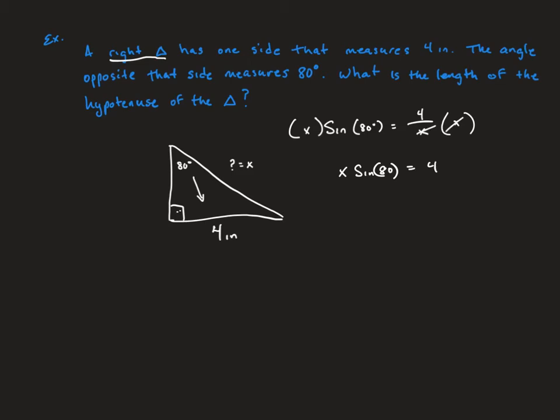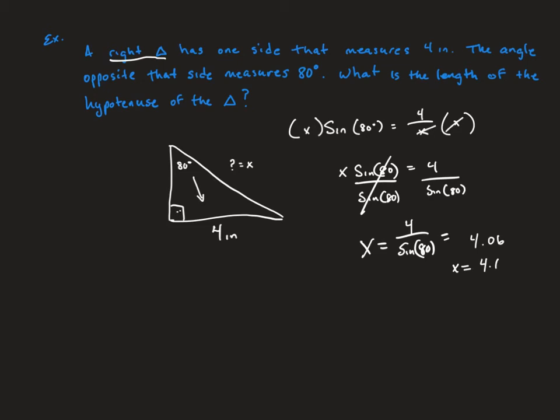And then isolate further by dividing both sides by sine of 80. So the sine of 80 cancels that out. So I have x is going to be equal to 4 over the sine of 80 degrees, which is going to be 4.06, or we'll just call it 4.1, is what my hypotenuse is going to equal.